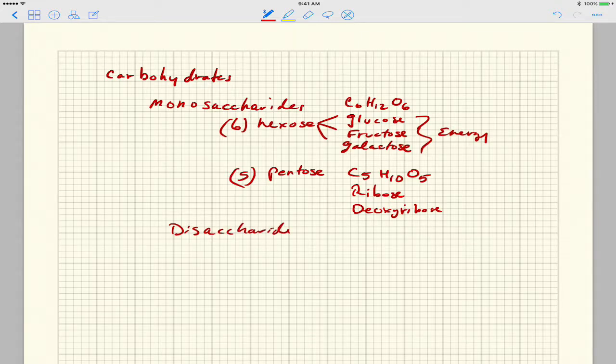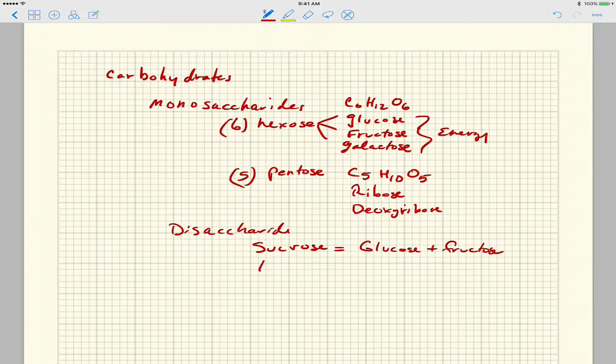And there are 3 disaccharides that are important in human physiology and in human nutrition. One of them is called sucrose, commonly called table sugar. You get sucrose by taking a glucose and dehydration synthetically reacting it together with a fructose.